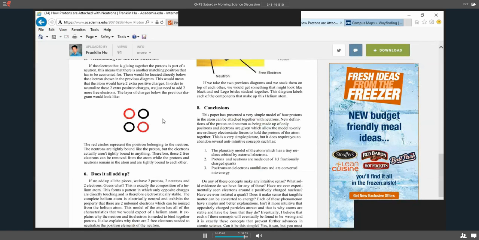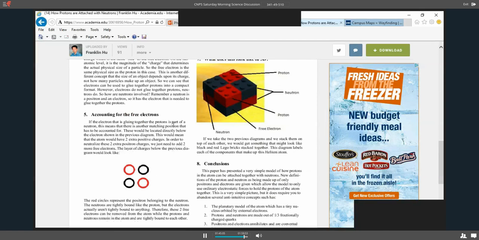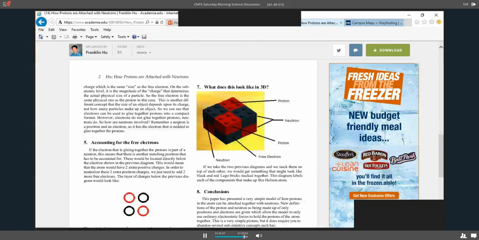So that's the basic idea of how you can use a neutron, which is just a positive and negative charge, to glue together your protons, which are basically 2 positive and 1 negative charge. So that's the basis.